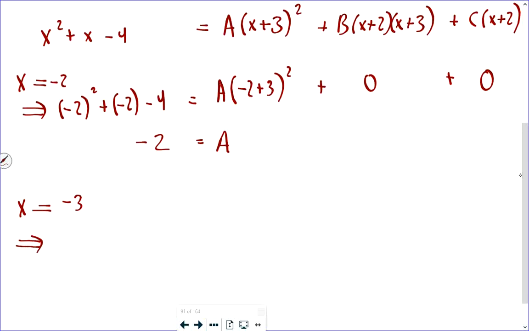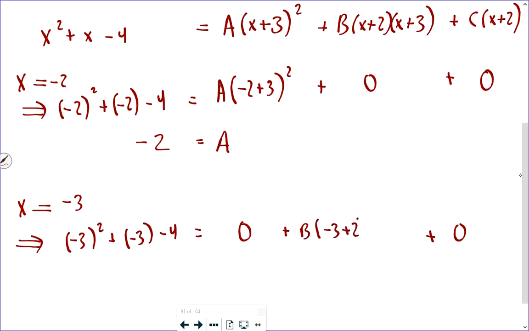It's going to give us negative 3 squared plus negative 3 minus 4 equals, the first term will be 0, the middle term is gone as well.